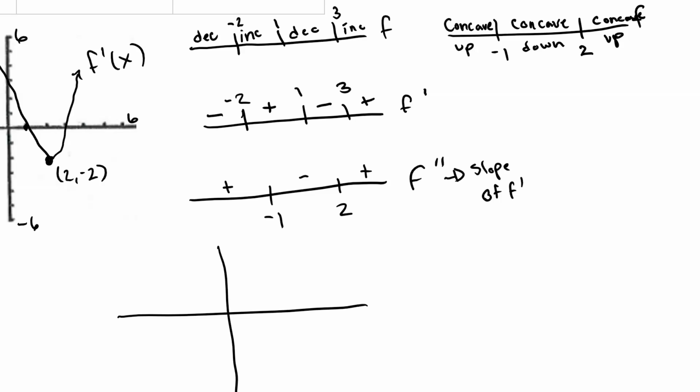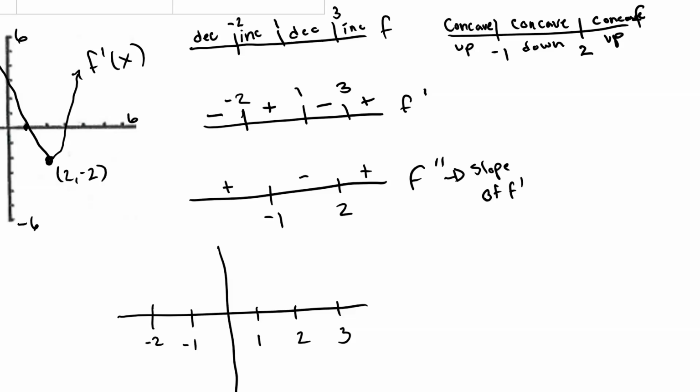So if I'm doing the graph of f, I've got important things going on at -2, -1, 1, 2, and 3. So I'm concave up until -1, and I have a relative min at -2 because I switch from decreasing to increasing.